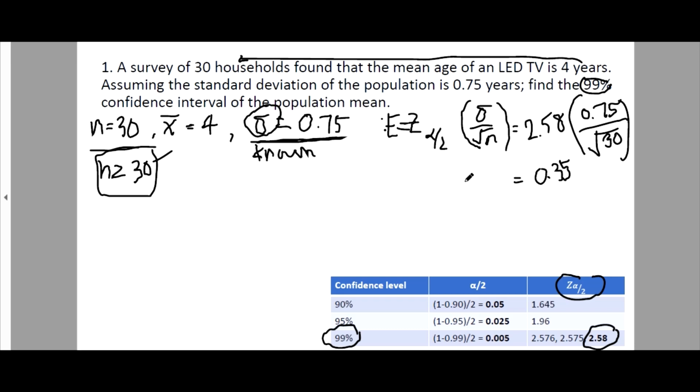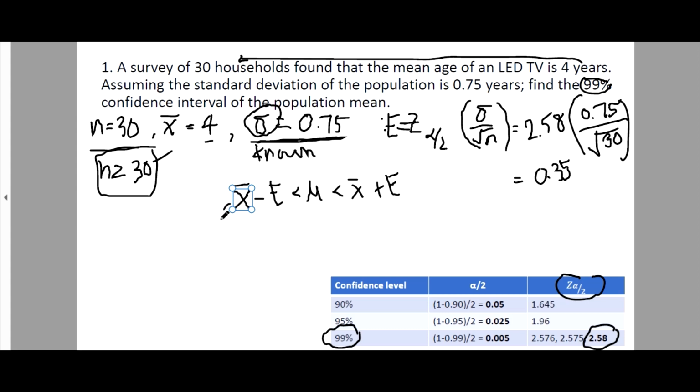Therefore, our estimate here will be like this: x bar, or the sample mean, minus the margin of error, then our population mean, then again our sample mean plus our margin of error. What is our sample mean? It is 4.